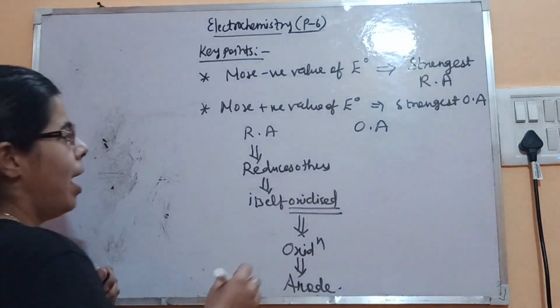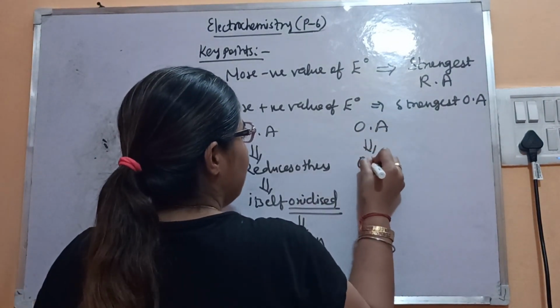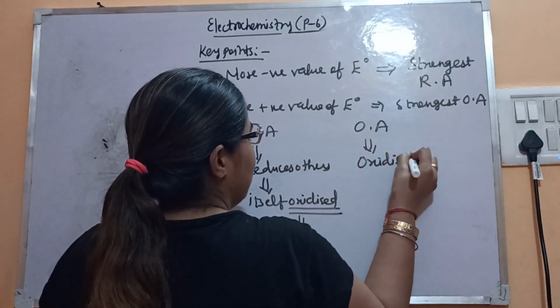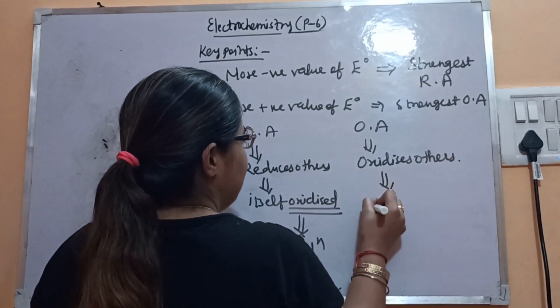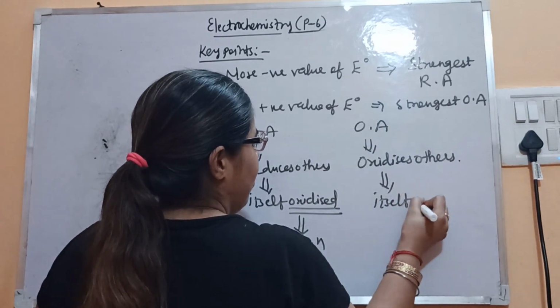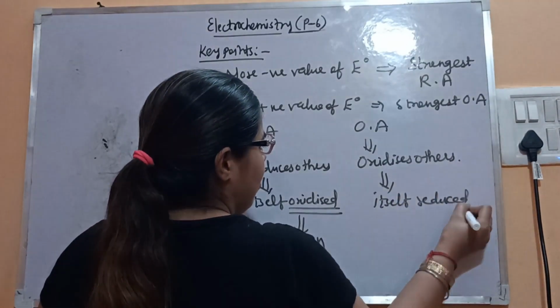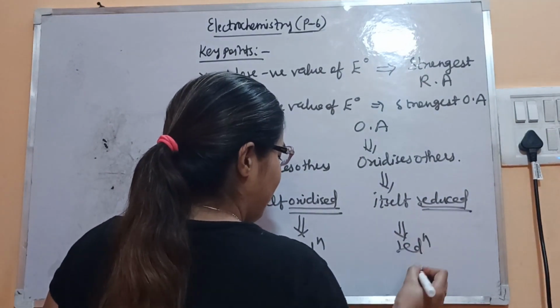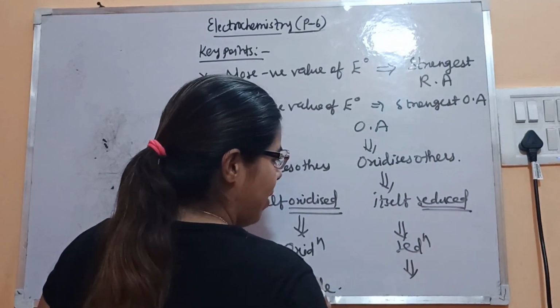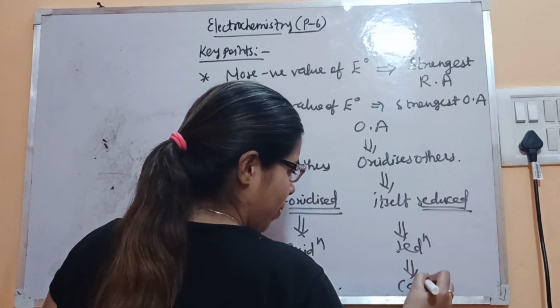Okay, and oxidizing agent means what? It oxidizes others and itself gets reduced. Reduced means what? Reduction, and we know that in the electrochemical cell reduction takes place at the cathode.